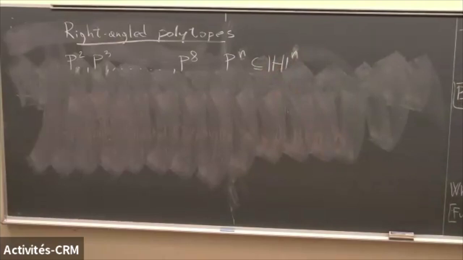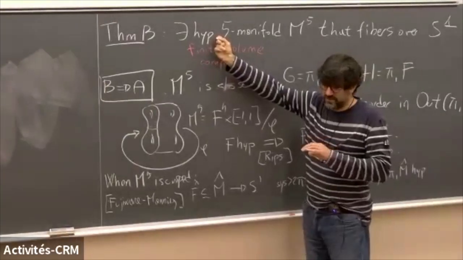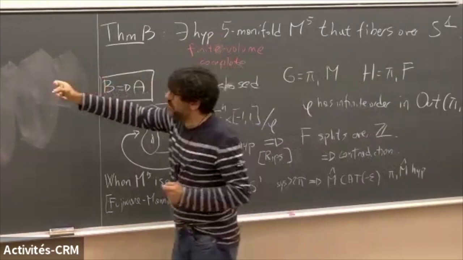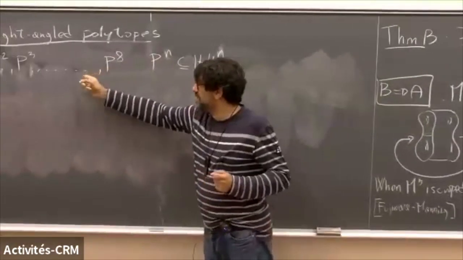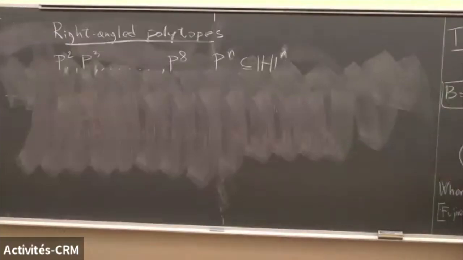Actually, you must have ideal vertices. One of the reasons we are not able to build a closed example here is that there are no compact right-angled polytopes in dimension 5. This is a theorem. But there are right-angled polytopes at least up to dimension 8 if you admit both ideal and real vertices. You need to admit both.